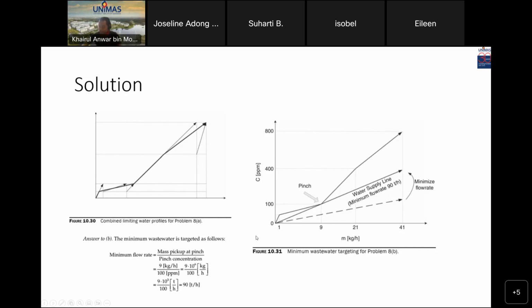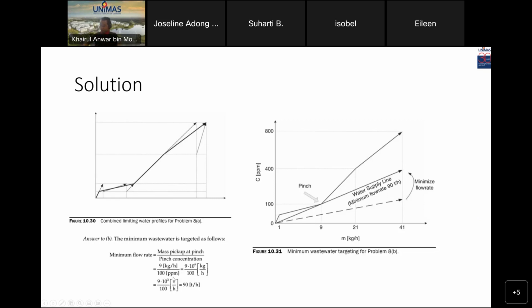So the answer to B, calculate the minimum water flow rate for maximum reuse. The minimum flow rate equals the mass pickup at pinch. Mass pickup at pinch is 9 kilogram per hour, over 100 ppm.